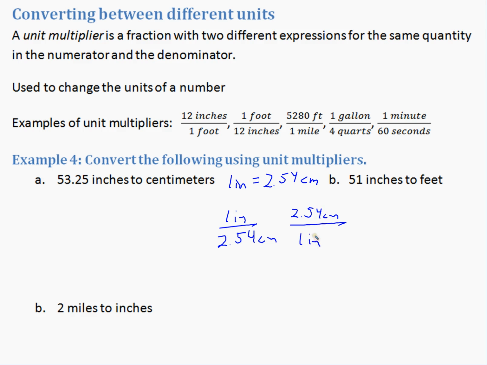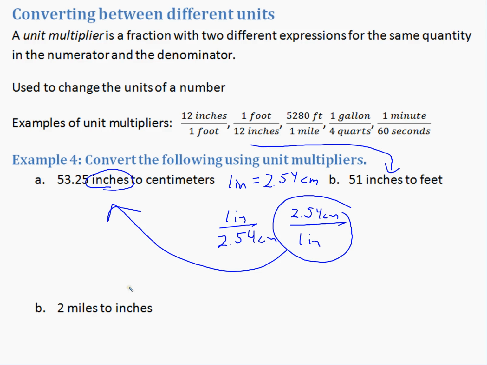So that's what you can use for example A, one of those, and what we do is we want to cancel inches, so we want inches in the denominator, so we would use this one here. Inches to feet, well that's using one of these two. We're canceling inches, so we want inches in the bottom.